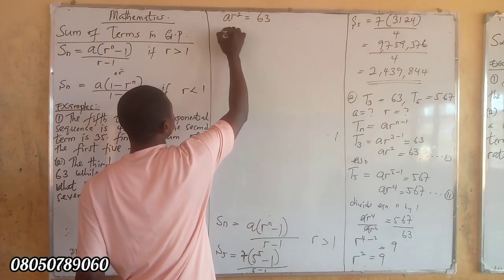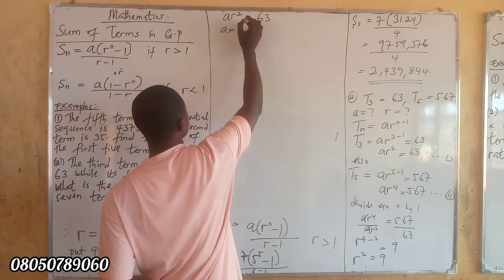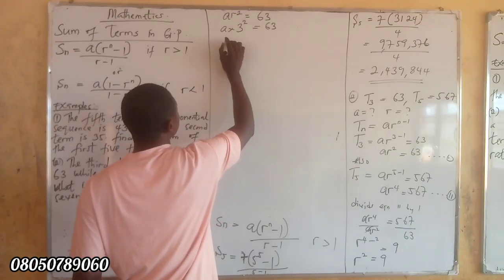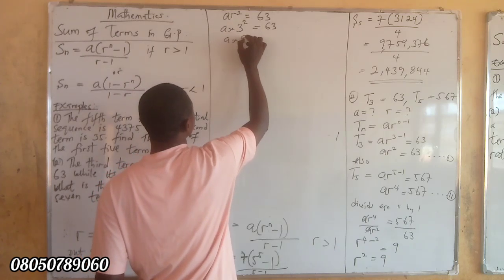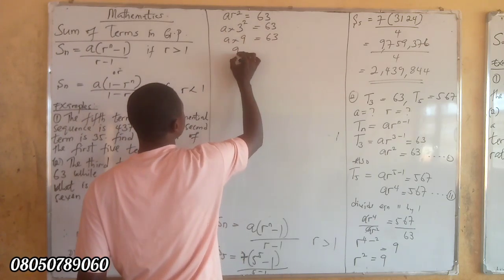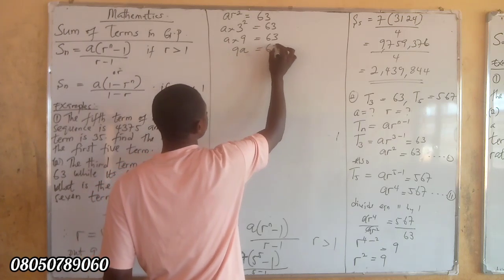So it's going to be A times our R, which is found to be 3 already, 3 squared, equals 63. So A times 3 squared, which is 9, equals 63. This is going to give us 9A equals 63.